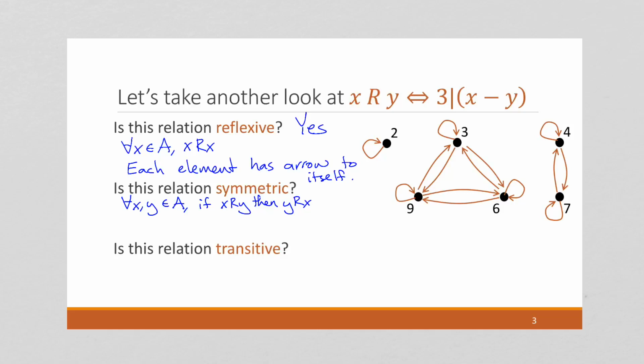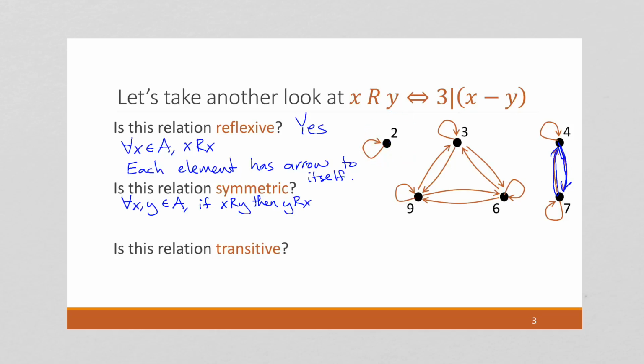And when 4 is related to 7, 7 is also related to 4. Now you might wonder about 2. But in fact, if 2 is related to 2, then 2 is related to 2. It works.